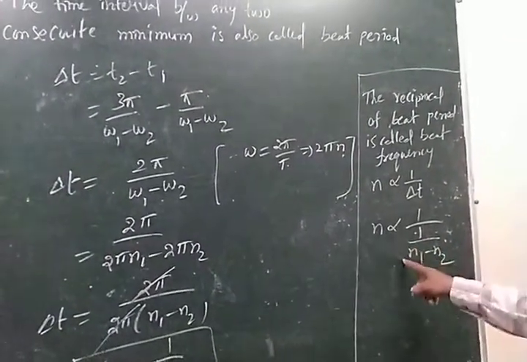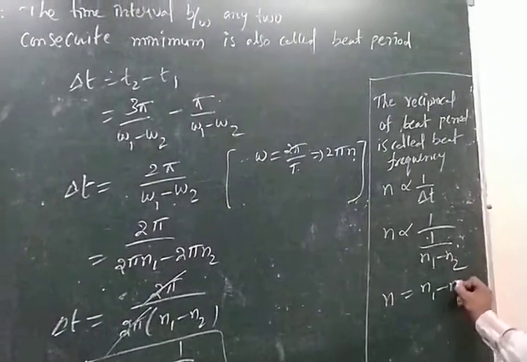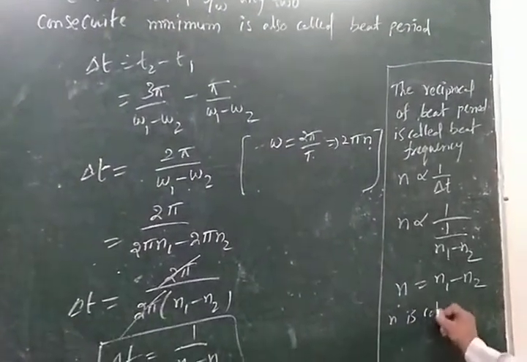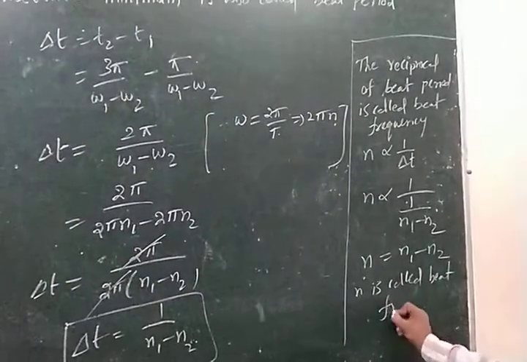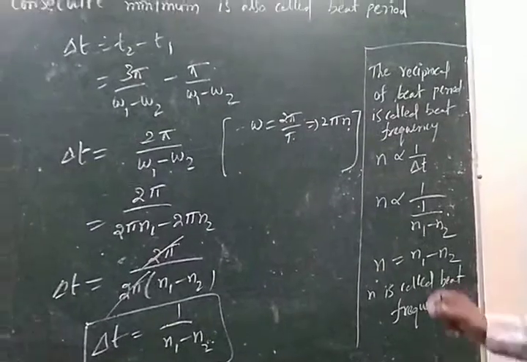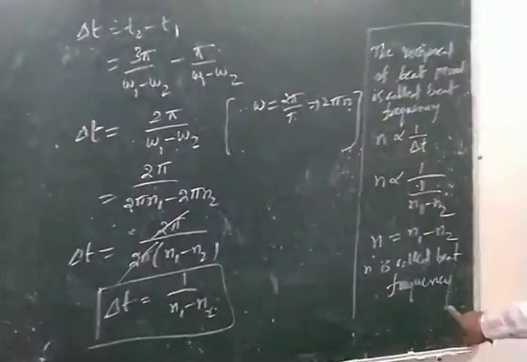The reciprocal of the denominator becomes the numerator, so N is equal to N1 minus N2. N is called beat frequency. This is the definition of beats, the beat time period formula and the beat frequency.